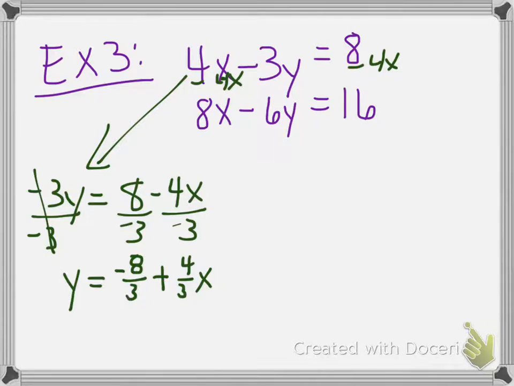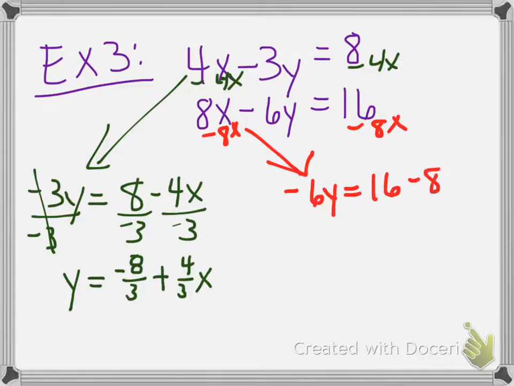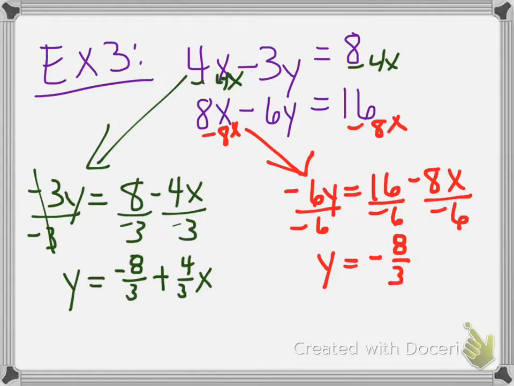Okay, let's see what this other one's going to be. When we rewrite this, I'm going to subtract 8x, and I'm going to subtract 8x. So I have negative 6y equals 16 minus 8x. Then I'm going to divide by negative 6. y equals negative 16 over 6, which reduces to negative 8 over 3.